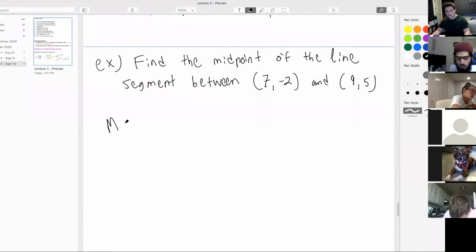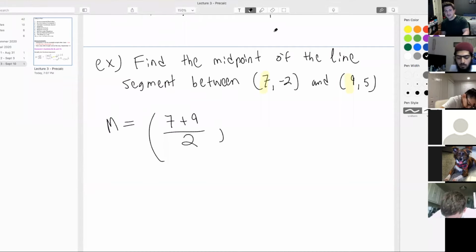I'm just going to plug into the formula. First, x1 plus x2 divided by 2, so 7 plus 9 divided by 2, comma. Now do the same thing to the y coordinates, -2 and 5: -2 plus 5 divided by 2.